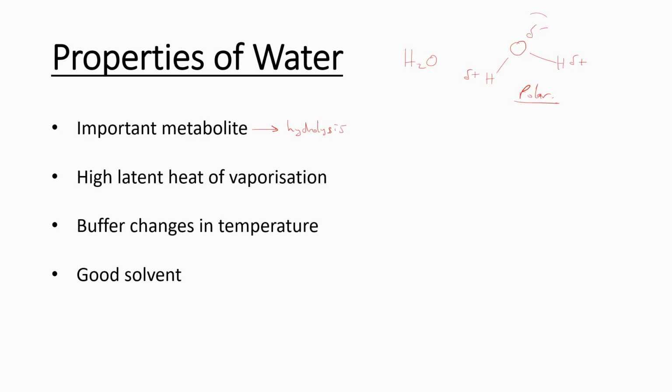We can break peptide bonds between amino acids. We can break ester bonds between a fatty acid and glycerol. So this is hydrolysis, and it's involved in breaking bonds. And in condensation, when such bonds form, water is released. So water participates in biological reactions.